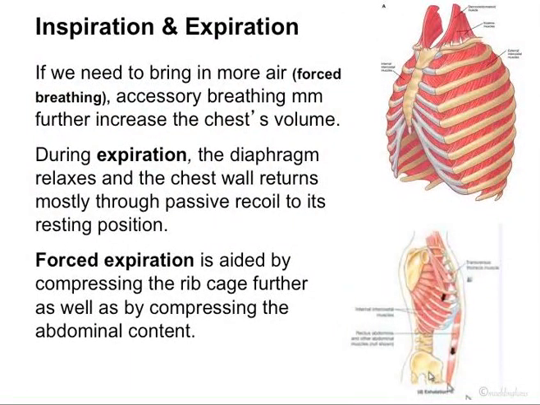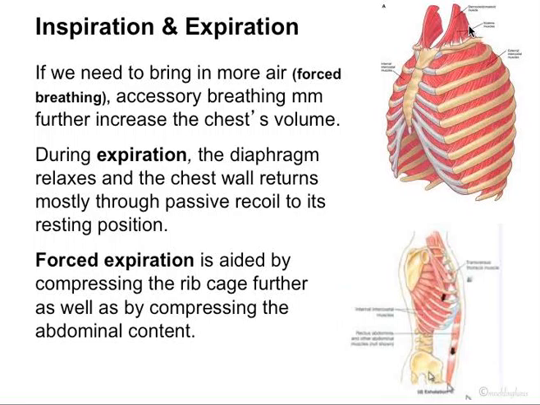If we need to bring more air in, if we need a forced inspiration, we have accessory breathing muscles that further increase the chest's volume. So we get these muscles up here. For example, the neck muscles lift up the chest a little bit more. We can even bring the arms out a little bit more and expand it laterally a bit more.